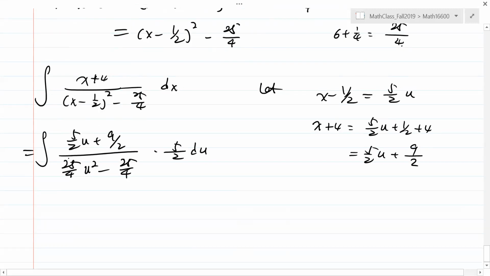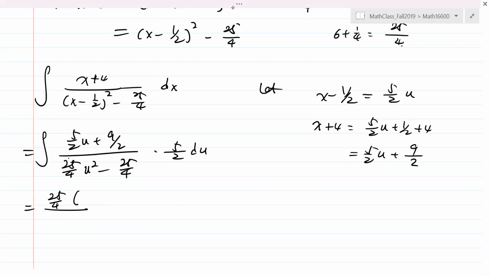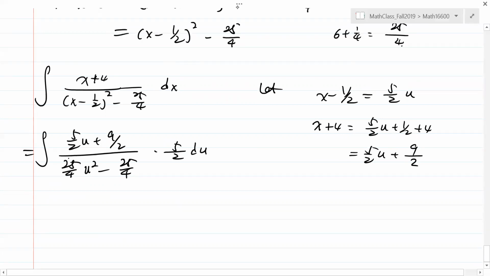Not too bad. You can take a 5 over 2 out. So let's take a 5 over 2 out. The denominator is going to be 25 over 4. Let's simplify. You know how to simplify, right? Let me check. You take 25 over 4 out, you get u squared minus 1.